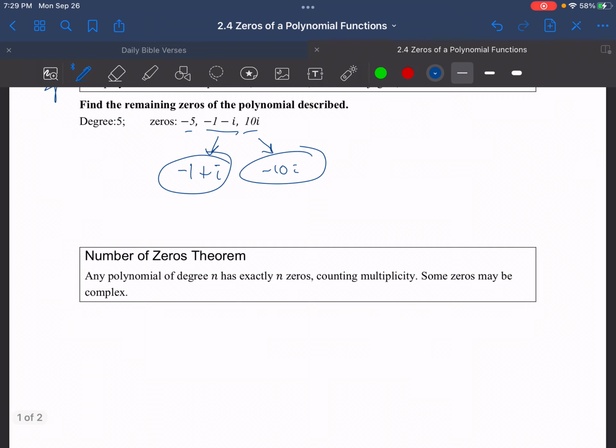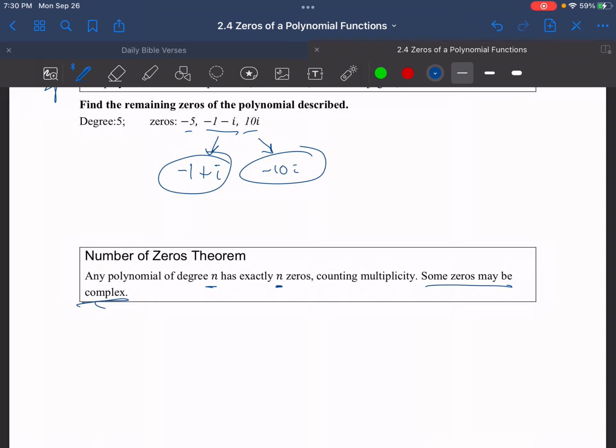All right, next, the number of zeros theorem. This tells us that any polynomial of degree n has exactly n zeros, counting multiplicity. So sometimes the numbers repeat, but you still count them. So if a number has a multiplicity of 3, it counts as 3 of the zeros. And then the rest of it is that some zeros may be complex.